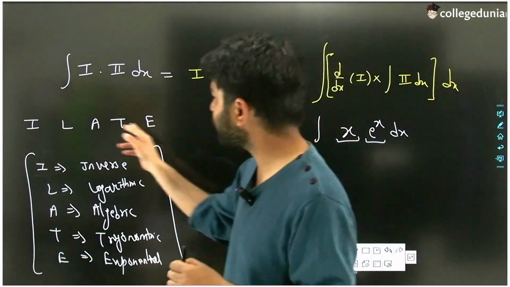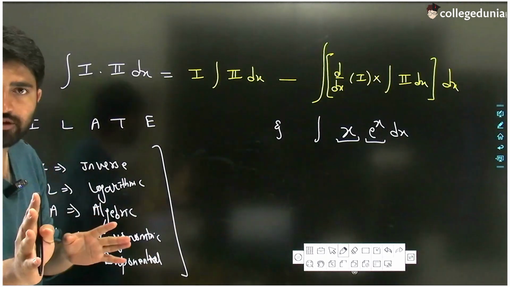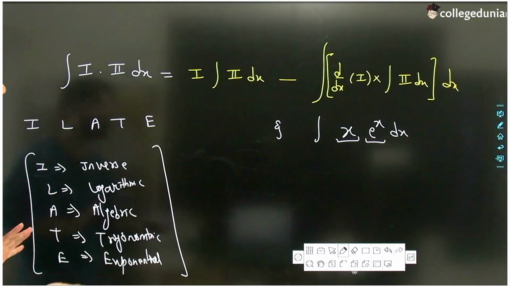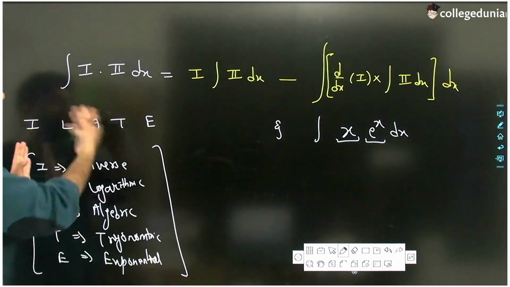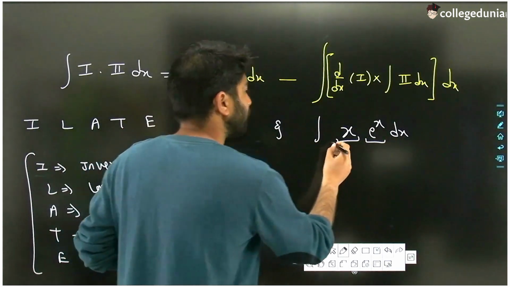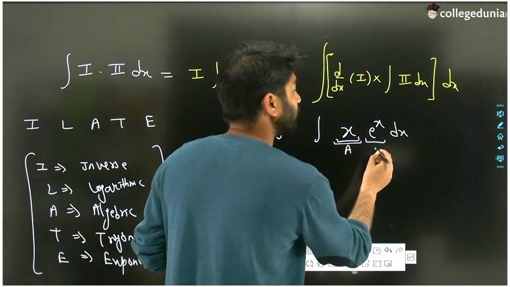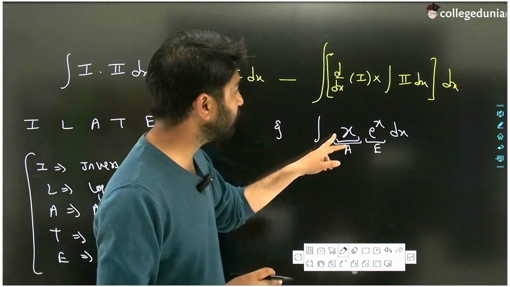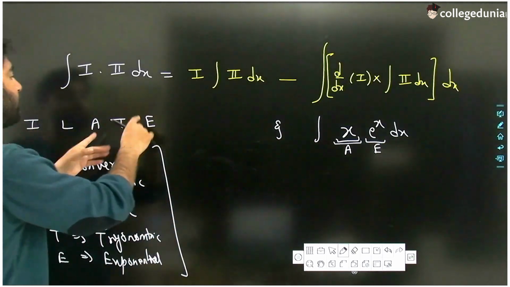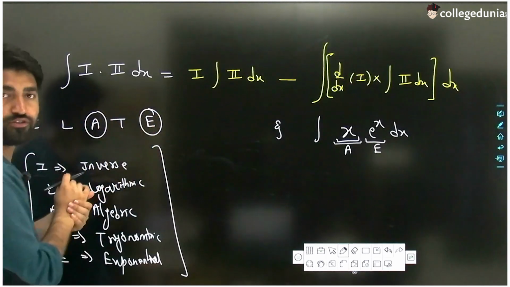According to this order, whichever function comes first will be considered the first function, and whichever function comes later will be considered the second. Like you can see, this is an algebraic function, and this is exponential. According to this ILATE rule, algebra comes before exponential.